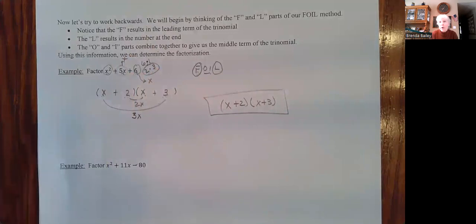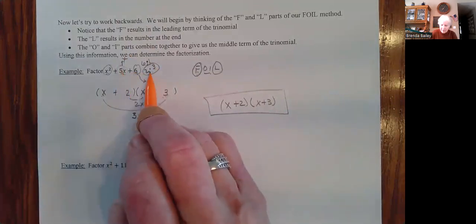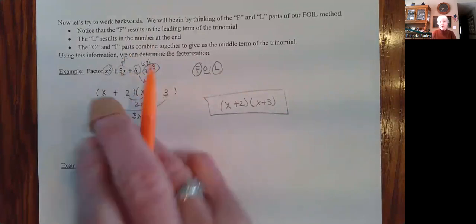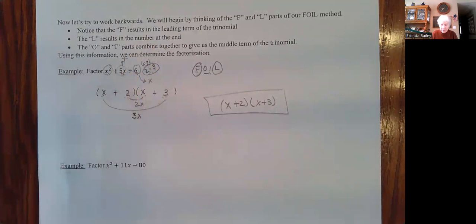That could shorten your process of erasing by trying wrong ones. If they're all positive, you'll be adding. There'll be some times where we'll be subtracting to get the middle term, and we'll look at that in a second. All righty, let's go on to our next example.